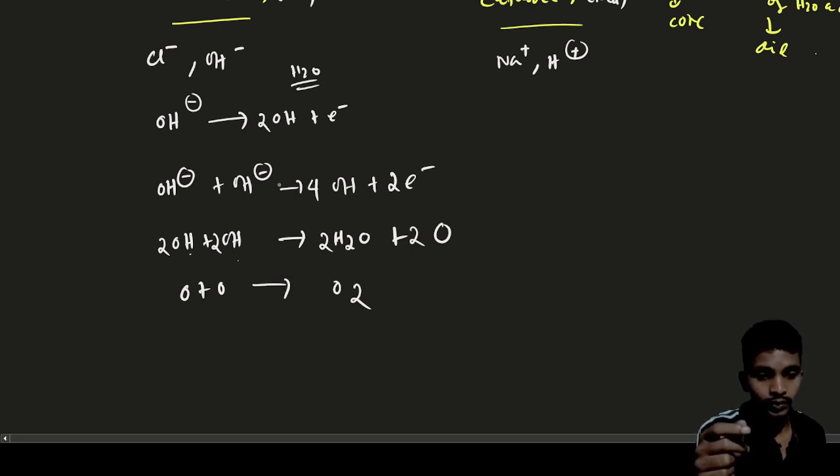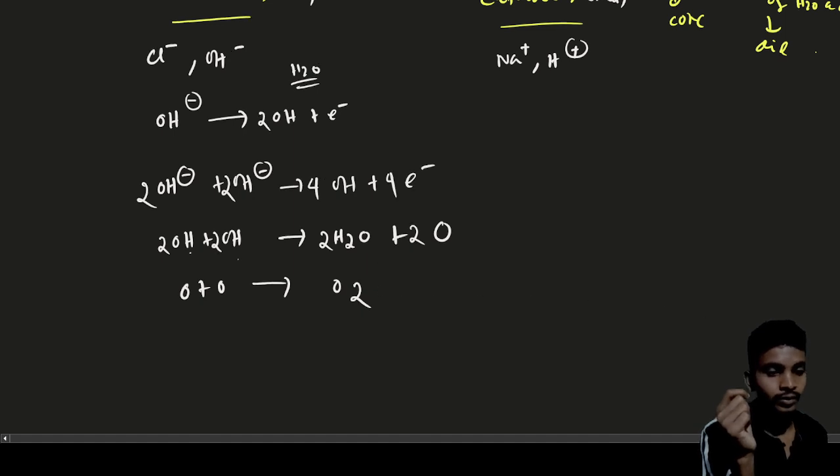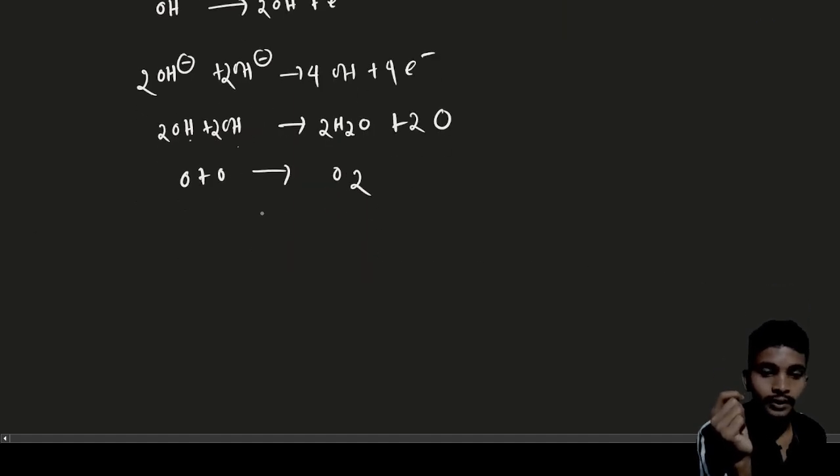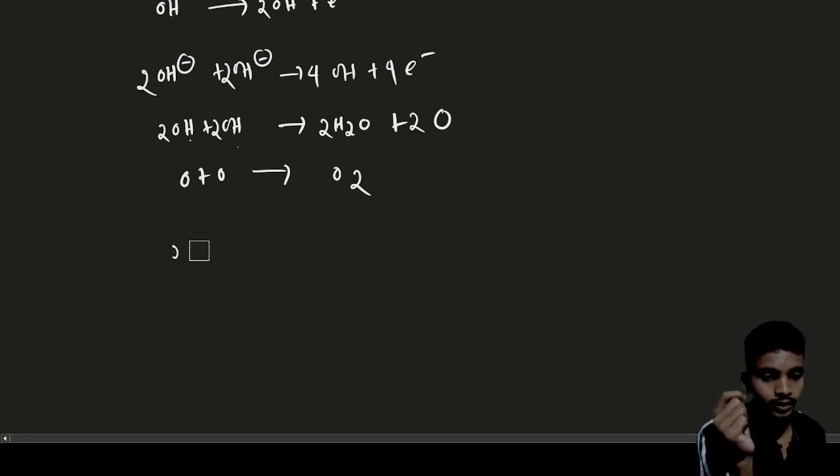So this also has to be 2 and 2, and this has to be 4 electrons. So what you notice here is that 2OH minus plus 2OH minus is going to give 4OH minus.